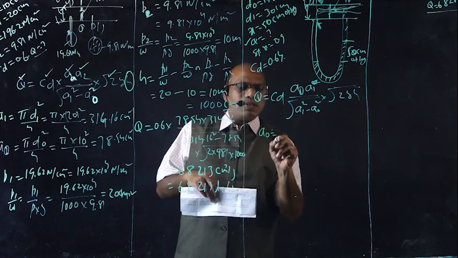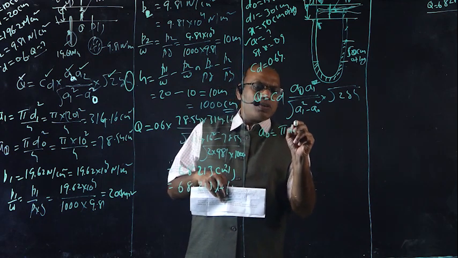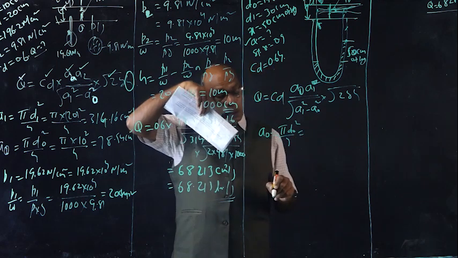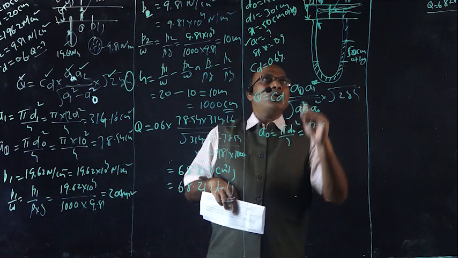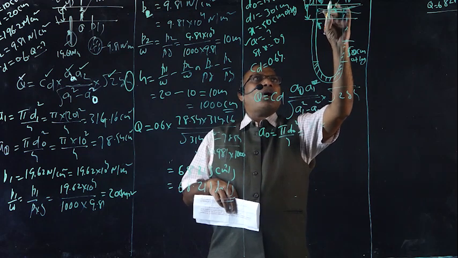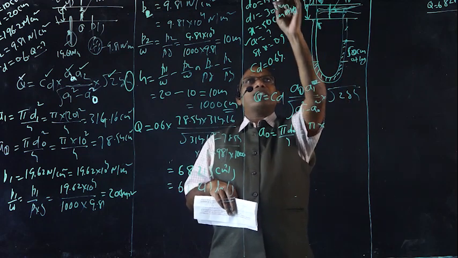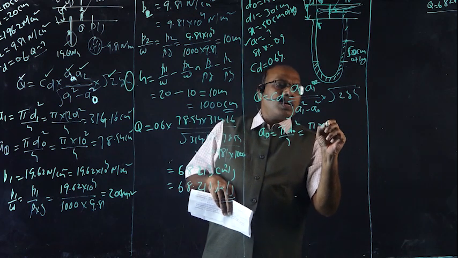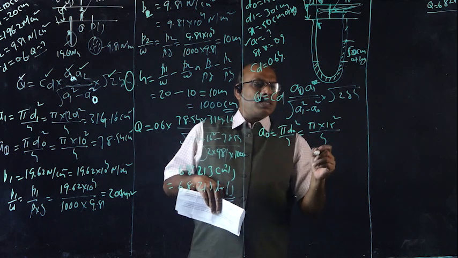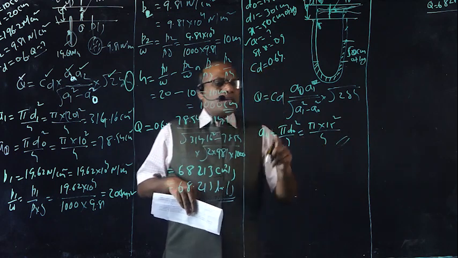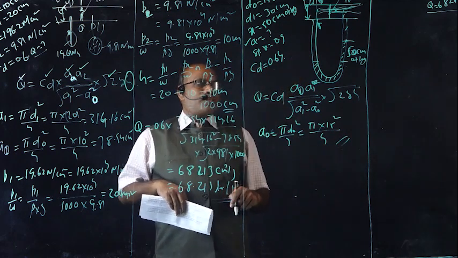A0 is equal to pi d0 square by 4. This is equal to pi into the orifice diameter, which is given as 15 centimeters, 15 square divided by 4. This is the cross-sectional area of the orifice.